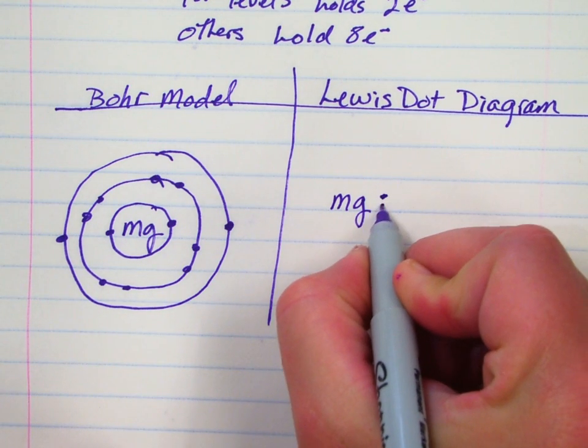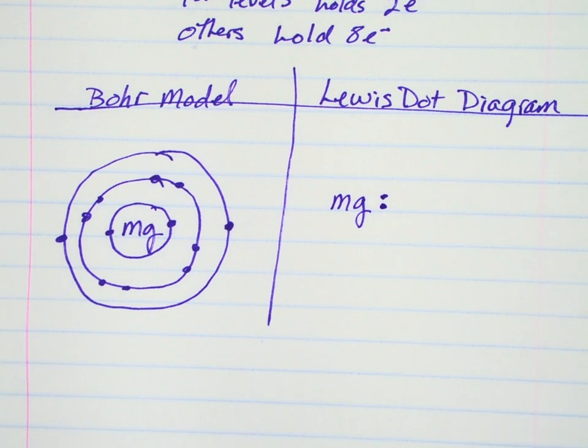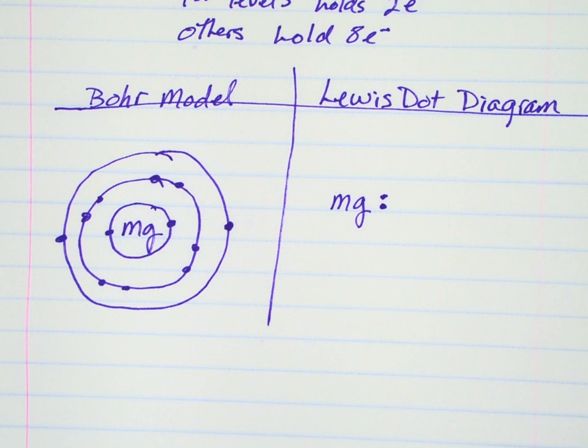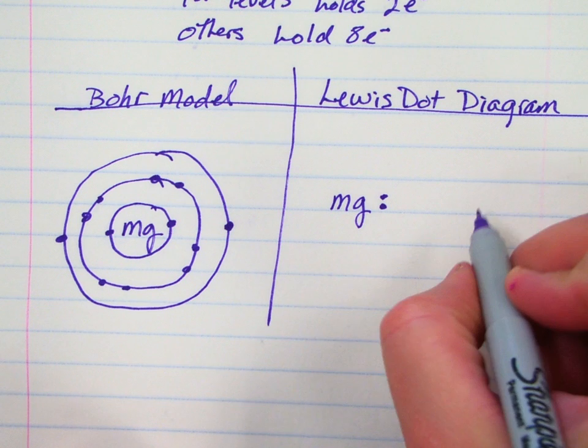Let's just show those 2 valence electrons. And that's the Lewis dot diagram for magnesium. Much simpler, but it shows the relevant information. So magnesium, I know it has 2 valence electrons because it's in the second column, the second group.